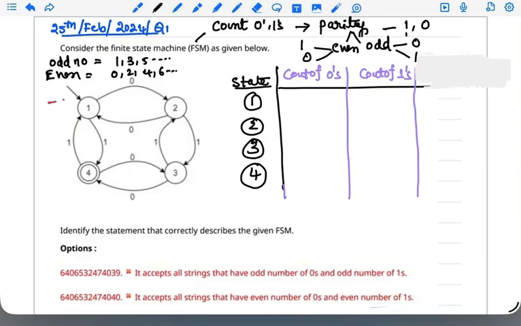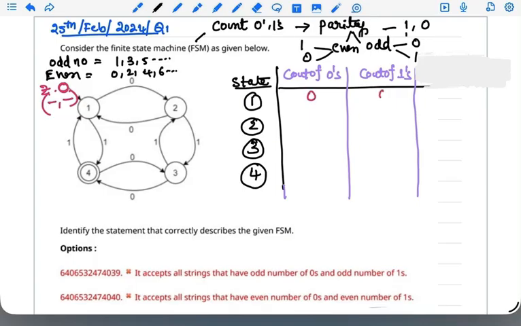So both are empty. The first represents the zeros, Z, and the second the ones, O. The number of zeros and the number of ones are 0 at the start state.